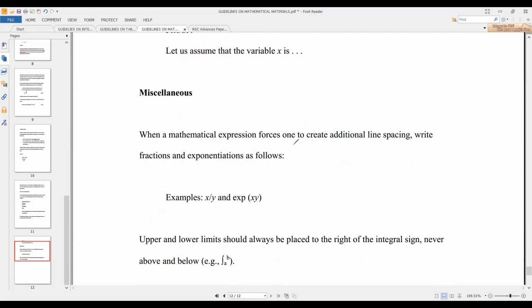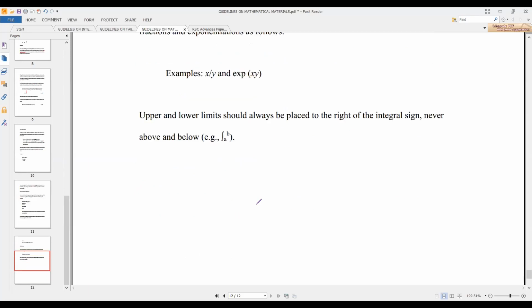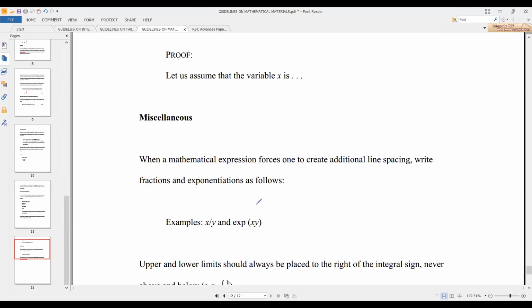When a mathematical expression forces one to create additional line spacing, write fractions and exponentiations as follows. That is x by y and exp xy and so on. So all these materials will be shared with you, and with this I would like to stop.